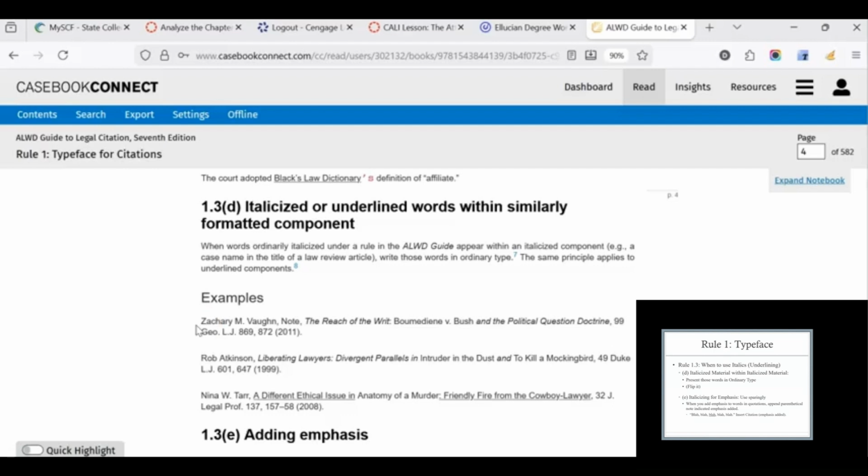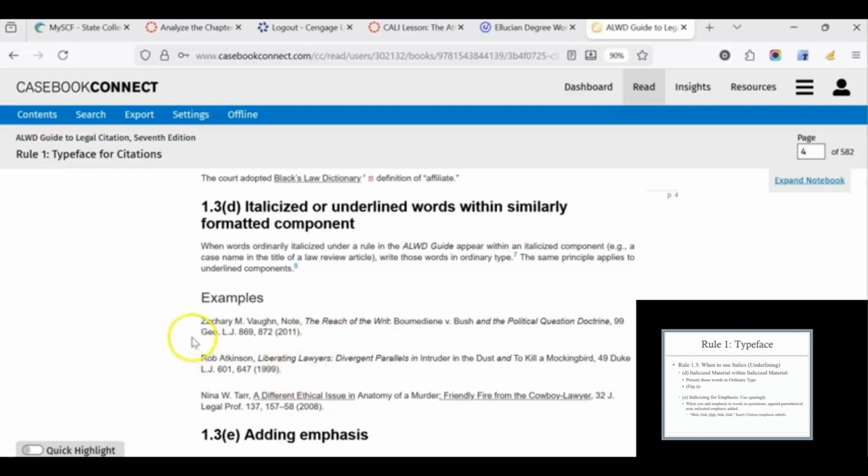So this is really going to happen only when it's talking about a law review article or some type of book. So normally the book name would already be italicized, so you would actually just flip it. So you would flip it back to ordinary type. So there's some examples there for you.